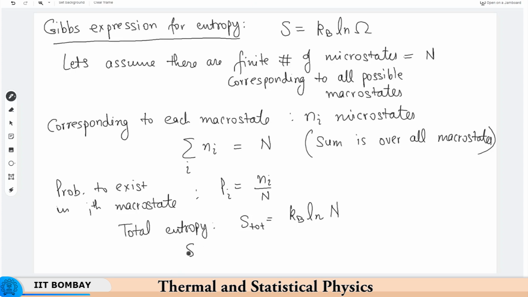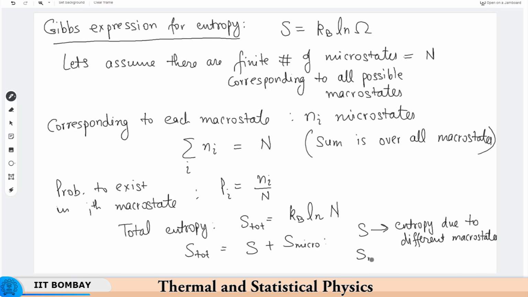So, this S total is equal to S plus S micro, where S is entropy due to different macrostates, and S micro is entropy due to those microstates in a particular macrostate.